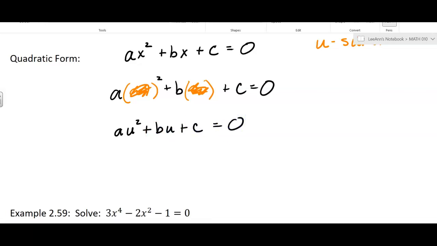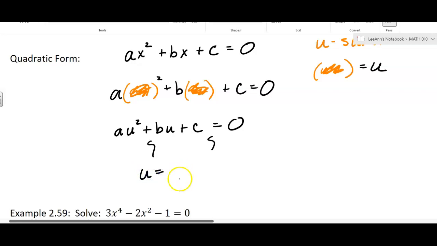You're saying, this stuff, I'm just going to represent that with a u. Then you factor it, or you can use the quadratic formula. Usually these are factorable, by the way. And you get u equals, usually 2 solutions.